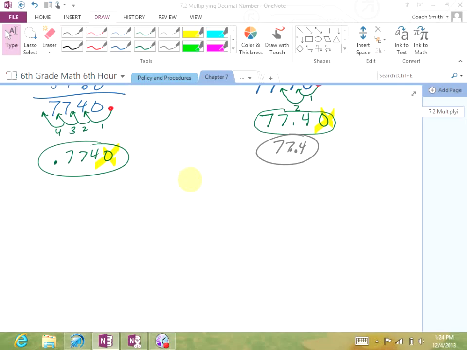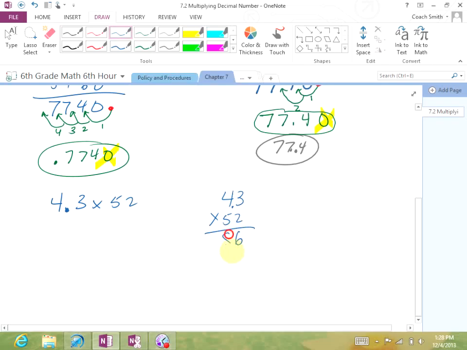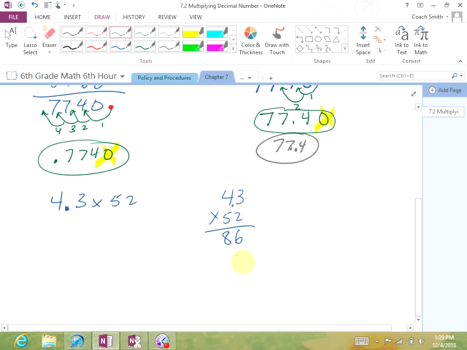I want you to try this one on your own. We're going to go 4.7 times 52. No, excuse me, 4.3 times 52. 2 times 3 is 6, 2 times 4 is 8. Okay, so I've finished those two. I bring down a 0. 5 times 3 is 15. Carry my 1. 5 times 4 is 20.